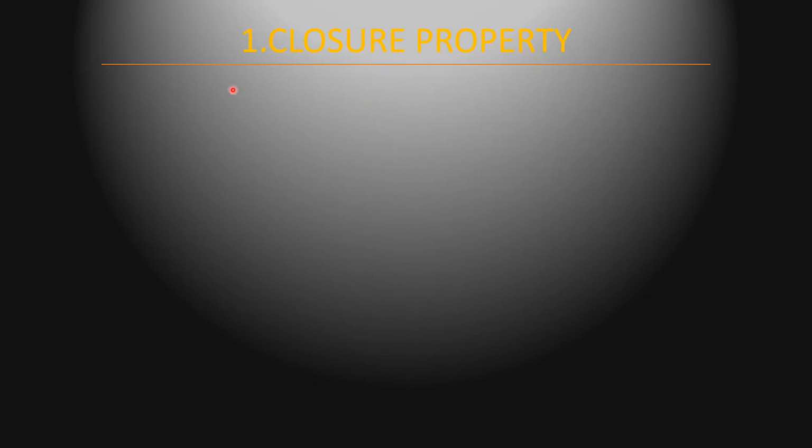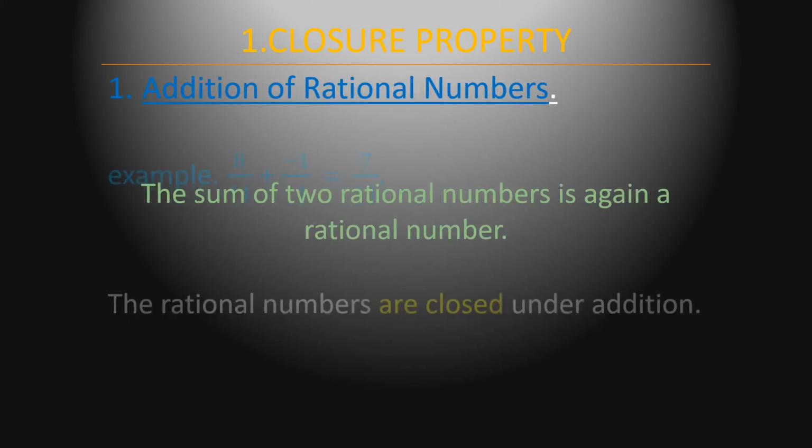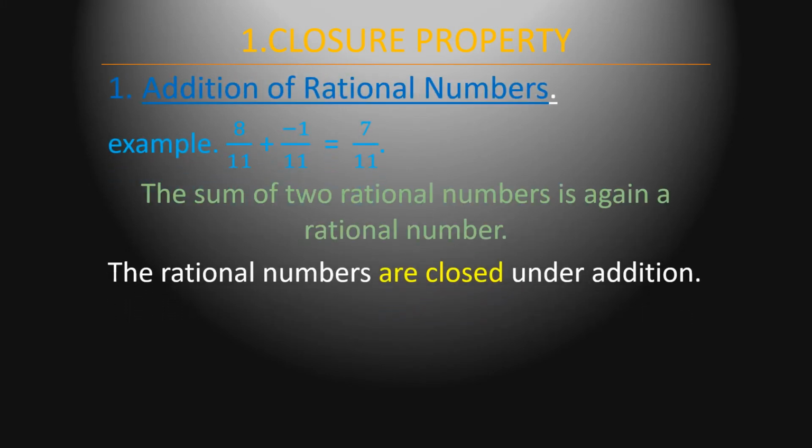We have already learned the closure property for all the operations on natural numbers, whole numbers and integers. Let us check the closure property for the addition of rational numbers. You know how to add two rational numbers? Let us consider the example 8 by 11 plus minus 1 by 11.